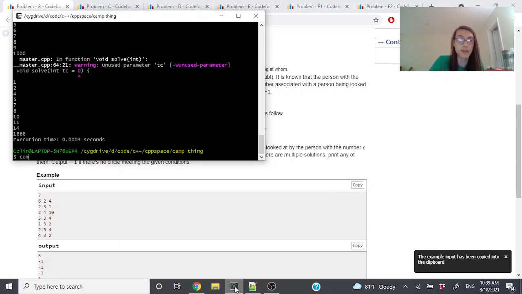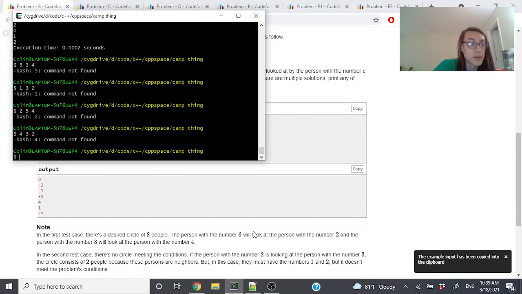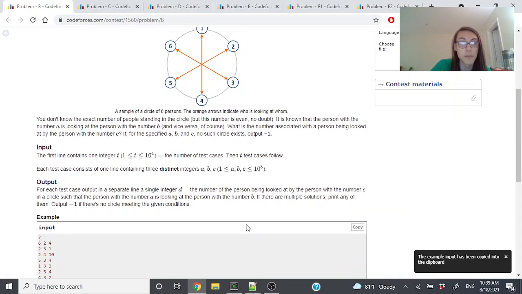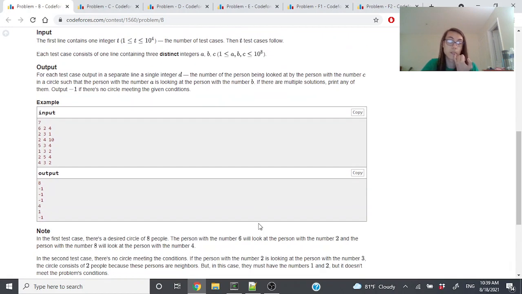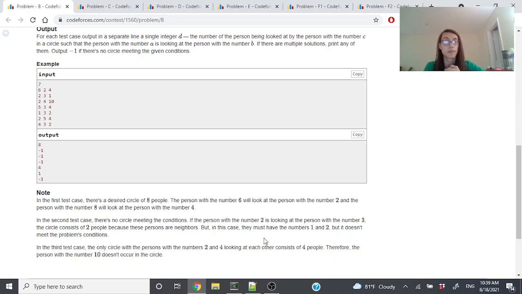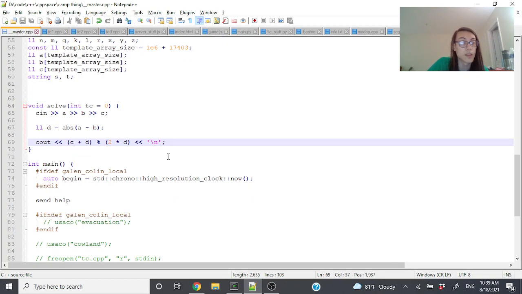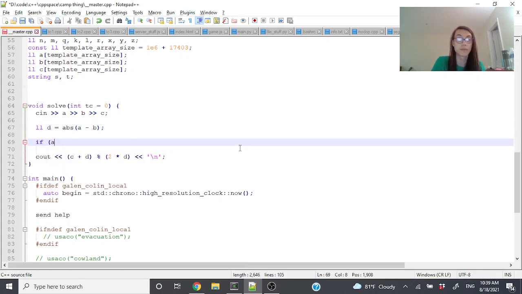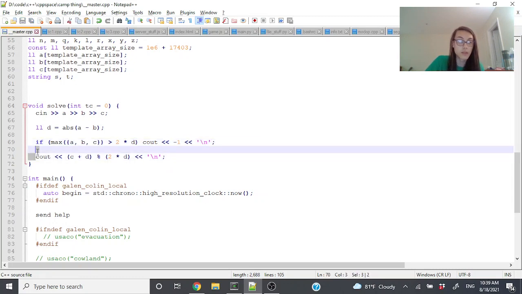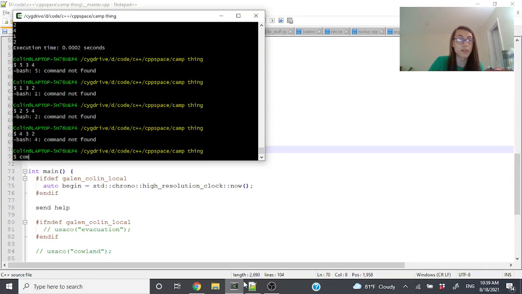So half of n is a minus b, or the absolute difference. Now what is negative 1? Oh, right, okay. If a times d is greater than 2 times d, yeah, it's kind of an annoying case.